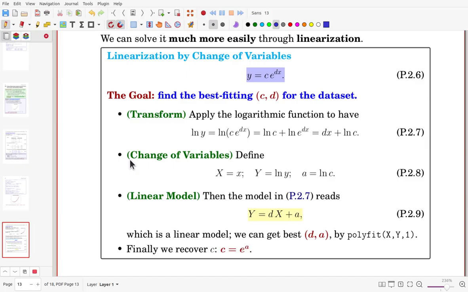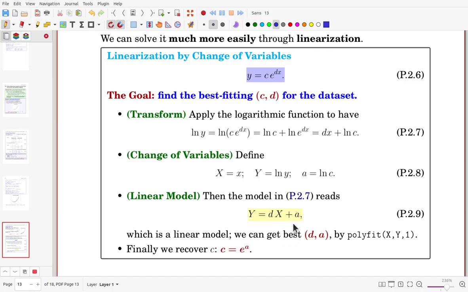So it is a kind of change of variables. Define capital X as x, capital Y as logarithm y, and A as logarithm c. Then this equation becomes a linear model, Y equals dX plus A.